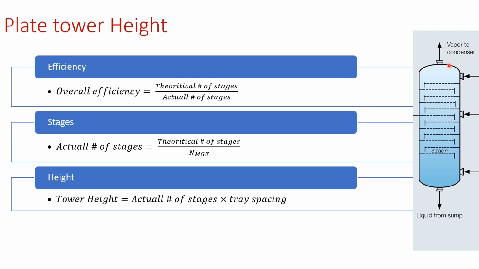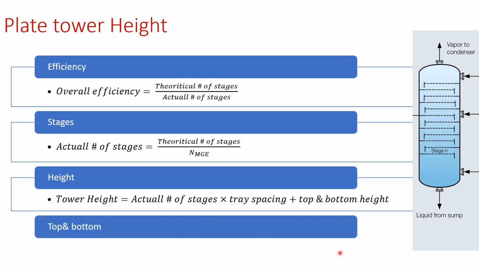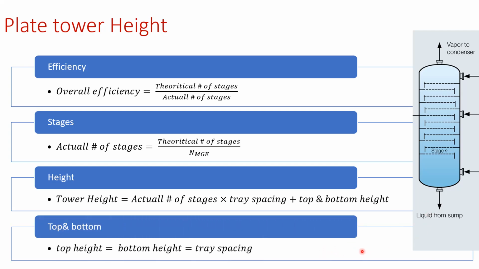Now, remember, we have a space at the top and a space at the bottom that we need to consider. So the tower height will be equal to number of stages multiplied by the tray spacing plus top and bottom height. And in a tray tower, the general rule of thumb is the top height equal to the bottom height equal to the tray spacing.